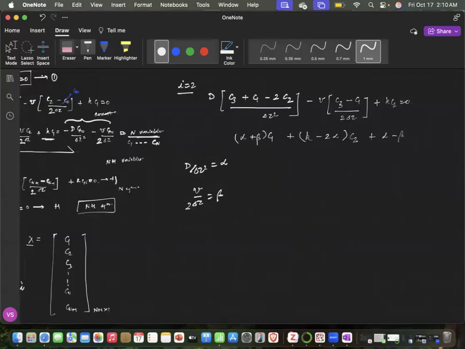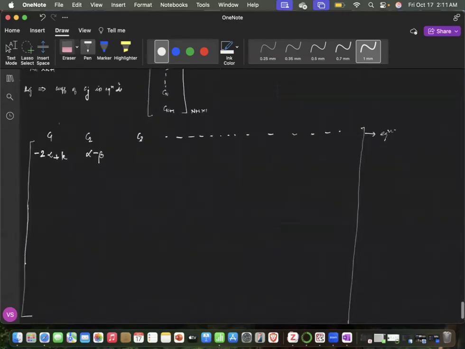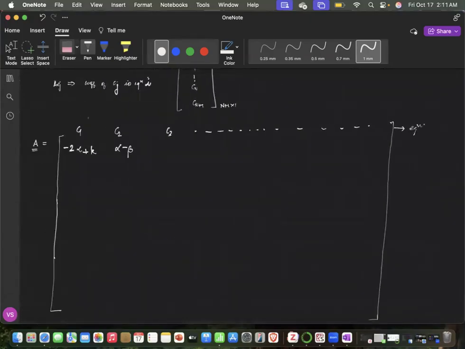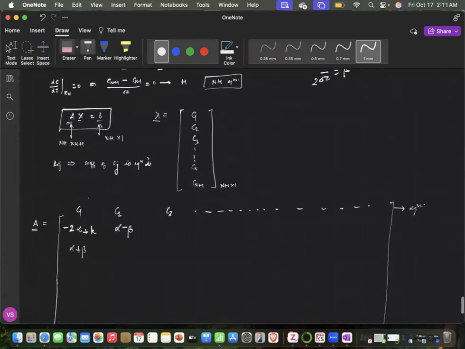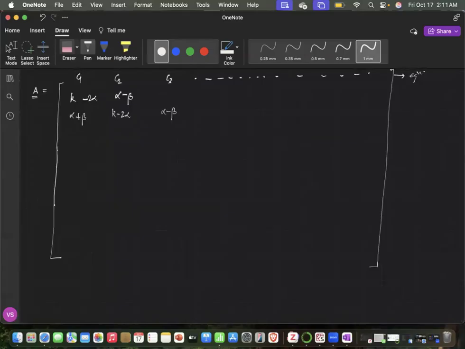Alpha plus beta C1 and alpha minus beta C3, right? So that is how you write this equation over here, right? So I equals to 2 would have alpha plus beta here, okay? Then k minus 2 alpha here and alpha minus beta here. Okay. This is also k minus 2 alpha. Okay. So that is the case.